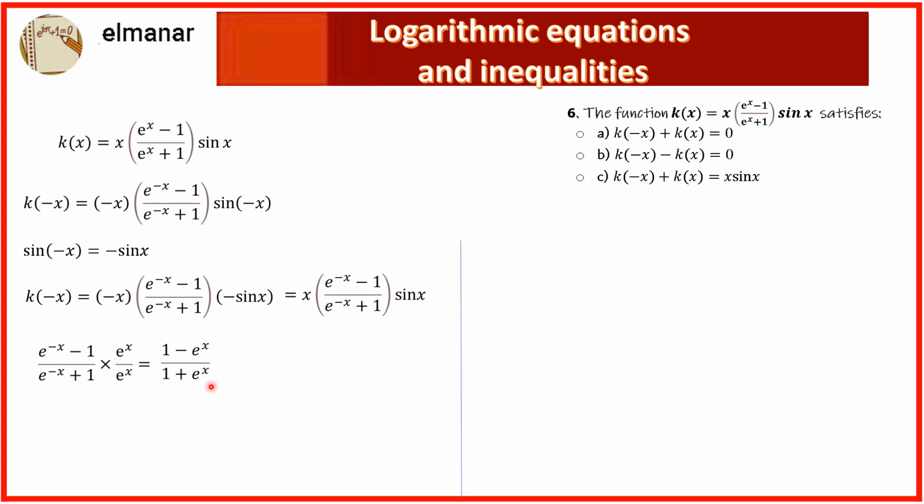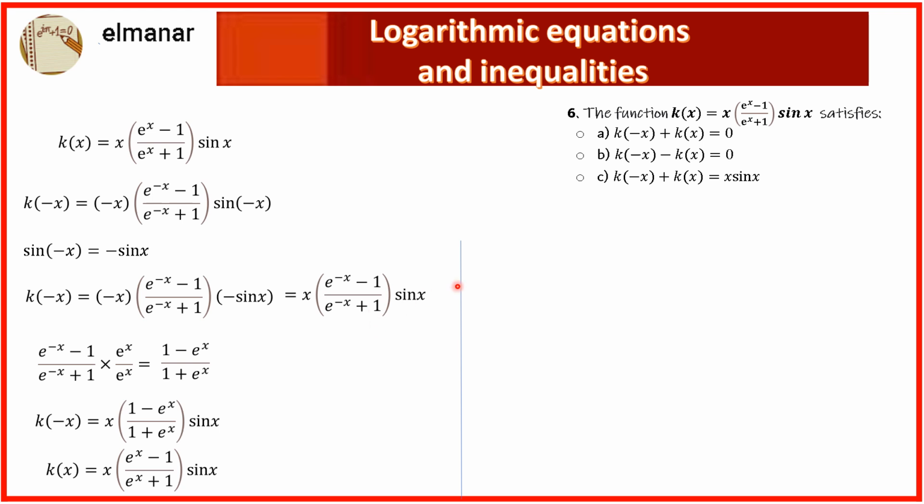Substituting this back into the equation for k of negative x, I get k of negative x equals x times the fraction 1 minus e to the x over 1 plus e to the x, multiplied by sine of x. And for the original k of x, we have x times the fraction e to the x minus 1 over e to the x plus 1 multiplied by sine of x.